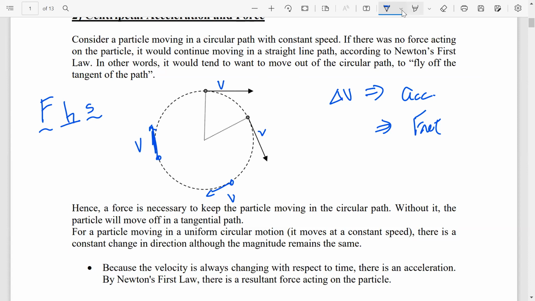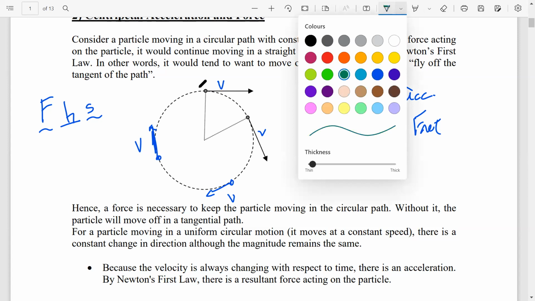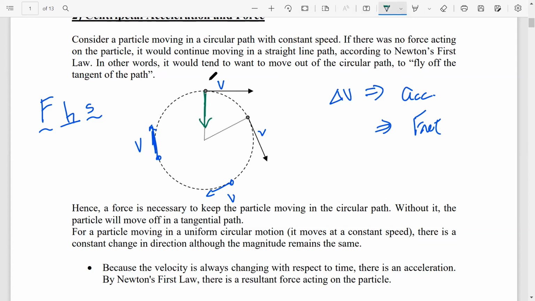And this force, being perpendicular, means that it can be in this direction or the other direction, correct? So which direction do you think makes more sense? Number 1 or number 2? Number 2, right? Because it's going to turn in this direction. So the characteristic of this force is that it's going to be perpendicular to the velocity and directed towards the center of the circle.